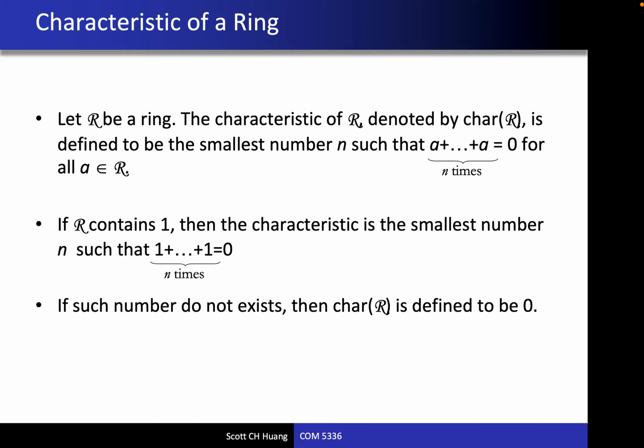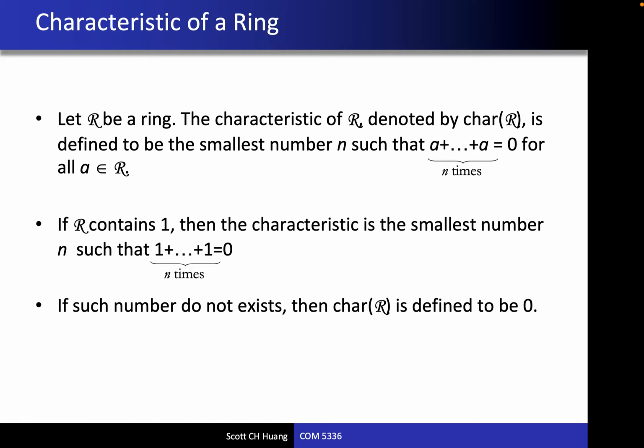But there's no way you can keep introducing new numbers without repetition, right? So at some point, repetition must happen. In that case, it's very easy to prove that if a repetition happens, then that repetition will be 0. So that's the characteristic of a field.